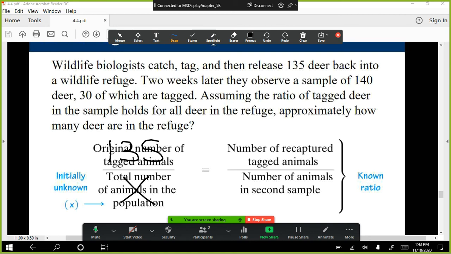Now, the next day or 2 weeks later, they come out and they don't have to capture anything. They just observe the deer as they're walking around, what they can see. And it said they observed 140 deer, 30 of which are tagged. So the number of animals in the second sample was 140, and 30 of those were tagged.